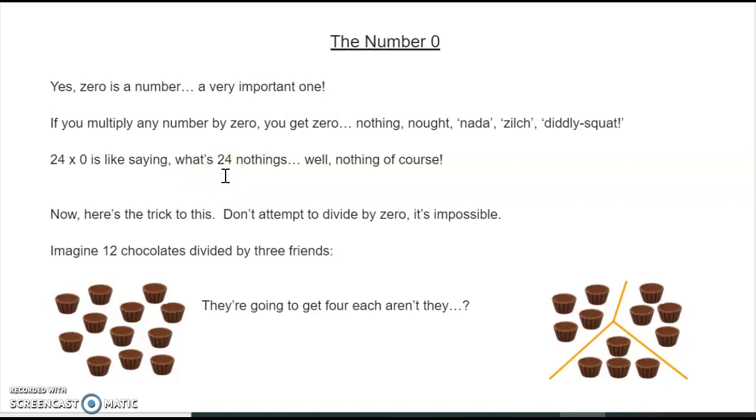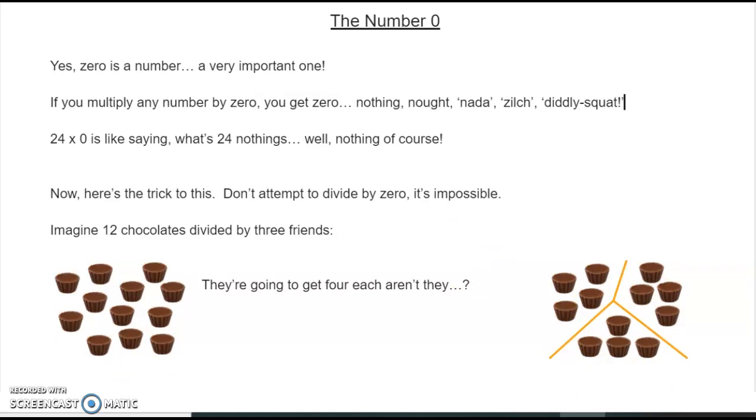Now, here's the trick to this. Do not attempt to divide by 0. It's impossible. Imagine 12 chocolates divided by 3 friends. They're going to get 4 chocolates each, aren't they?